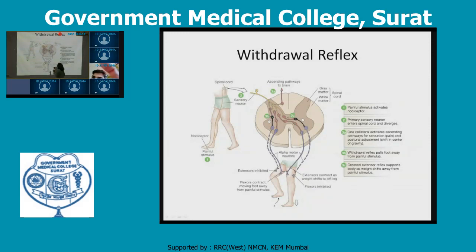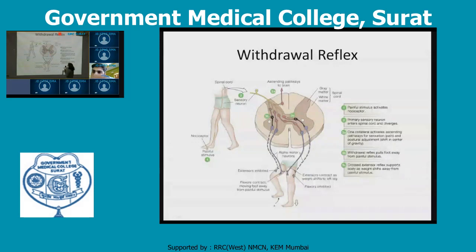There are four things which happen. First, the painful stimulus activates the nociceptor. Then the primary sensory neuron enters the spinal cord and diverges, that is, the afferent synapses with multiple interneurons.